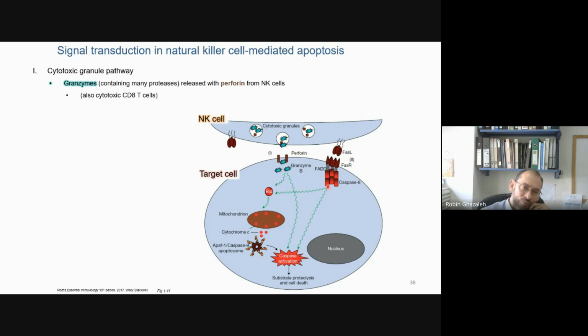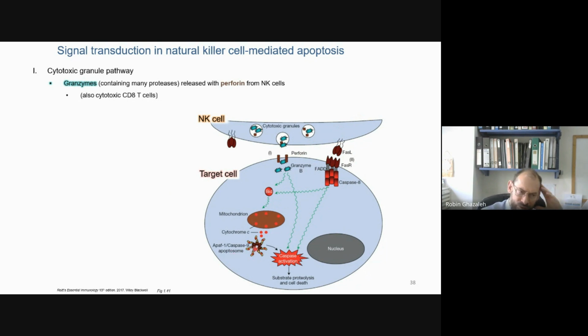And this apoptotic process has two different pathways, as I mentioned. This one, which is called the BID pathway, goes via the mitochondria, and then via release of cytochrome C, and the formation of a body called the apoptosome.